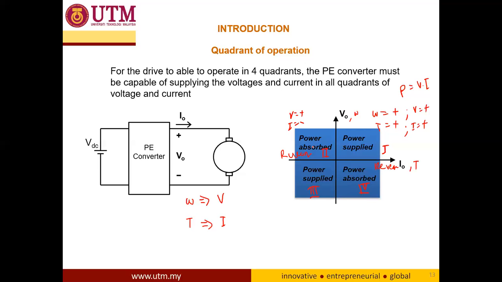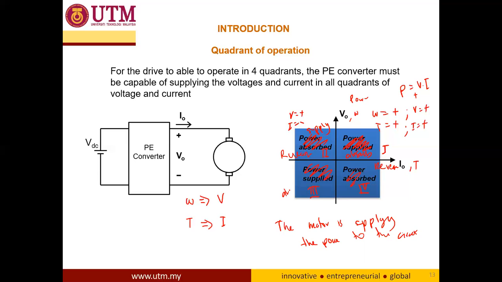Meaning that the motor is actually supplying the power to the circuit. I think maybe you are confused, because usually when P is positive, it means the motor is absorbing. So for quadrant number 2, it is actually supplying.